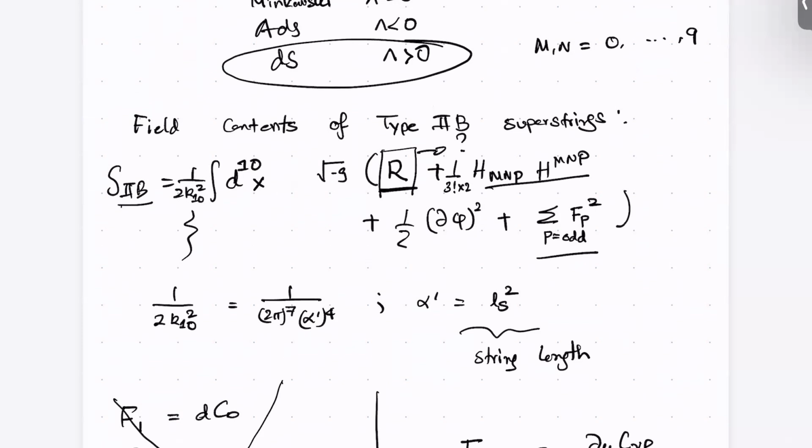Can you say it out loud? Exactly. The variation of this would give you the Einstein equations. So you have the Einstein equation popping out from just the variation of this action with respect to the metric, similar to what you had for Einstein-Hilbert.